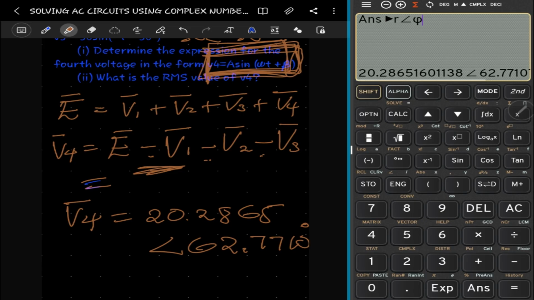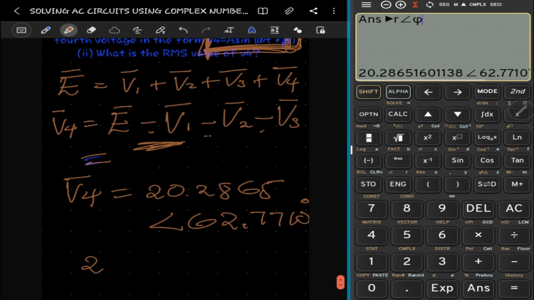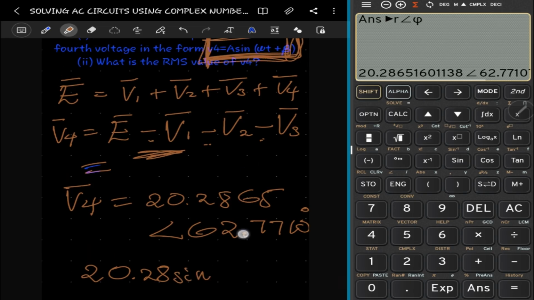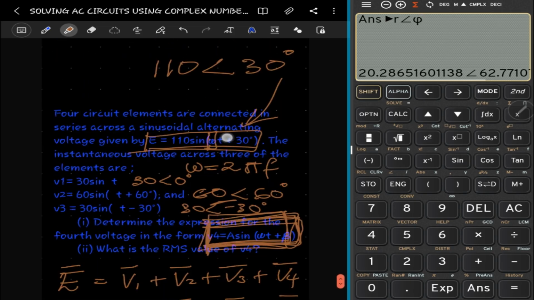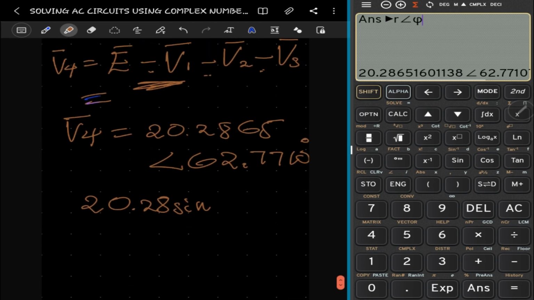To write it in the format that we've been asked, that'll be 20.28 sine. Because the angular frequencies are the same, we can add them up directly. There's W here, W here, W here, so we can add them up directly.